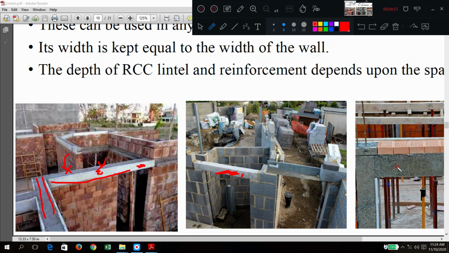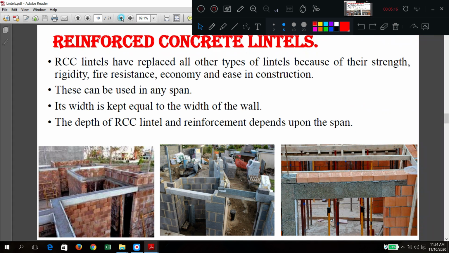Similarly, this is also after removing the formwork. Here you can see the lintel structure. Above that they have started constructing the brickwork. This is actually how the lintel appears inside. Okay. So we'll see a few more points for RCC lintel.